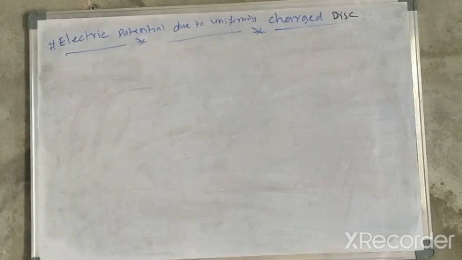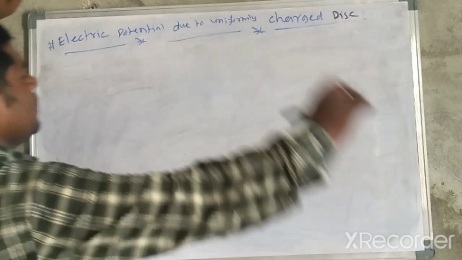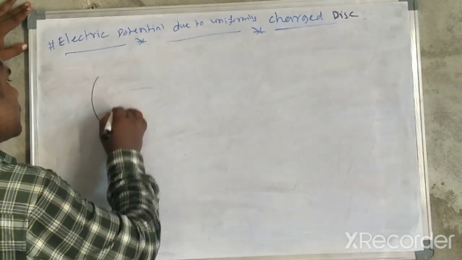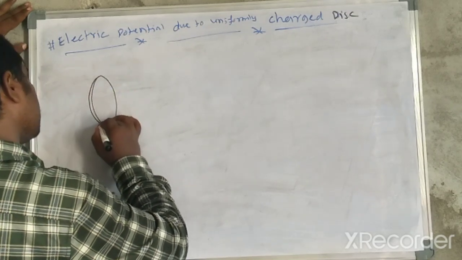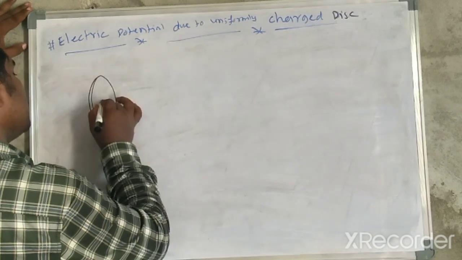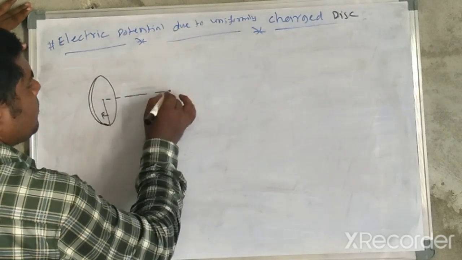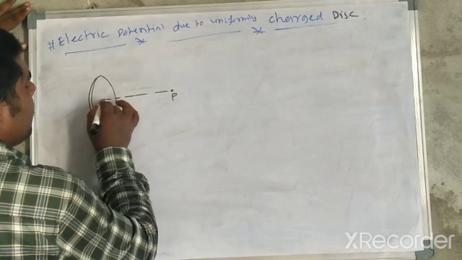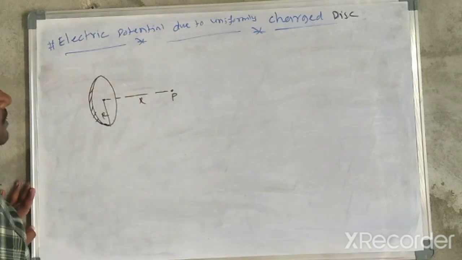Here is another application: electric potential due to a uniformly charged disk. Let us consider a disk of radius capital R, and this is the axial point P. From the center of the disk, the distance is x.